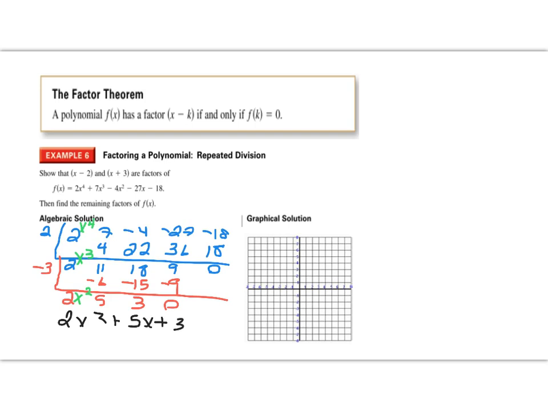So I can break these all the way down into my factors. So I have x minus 2, x plus 3, and I can factor this one. So 2x and x, and this is going to be x plus 1, and therefore this is plus 3.